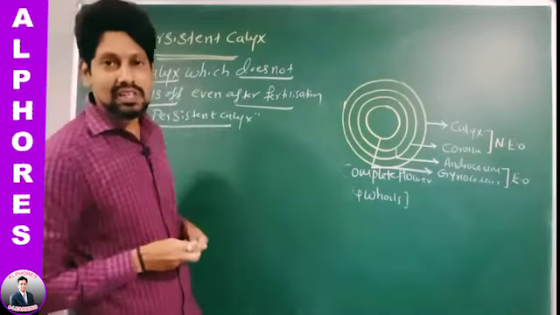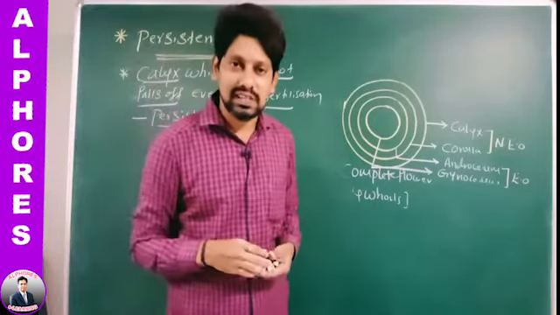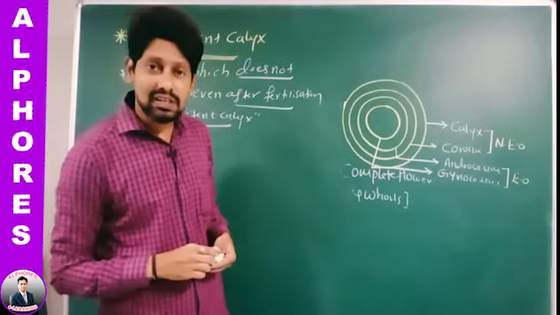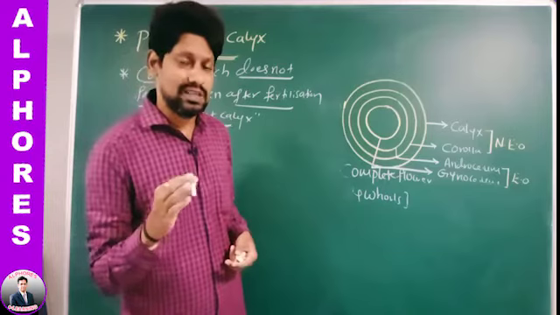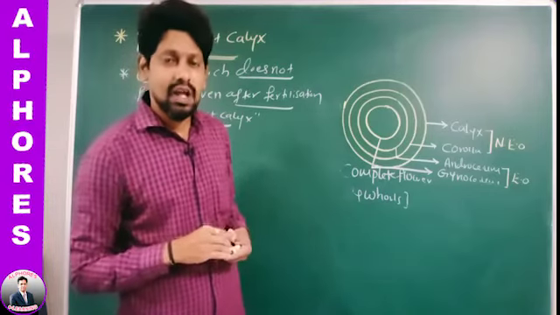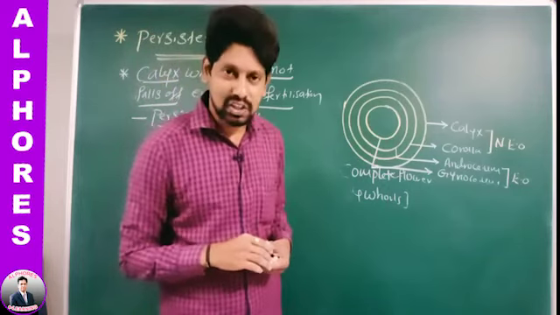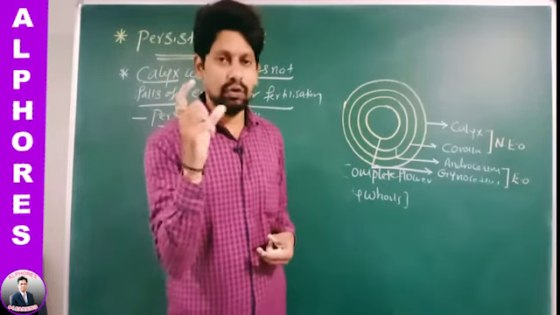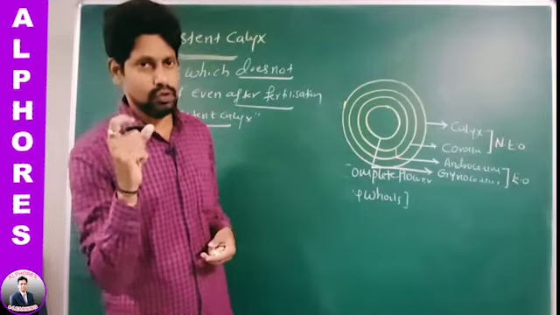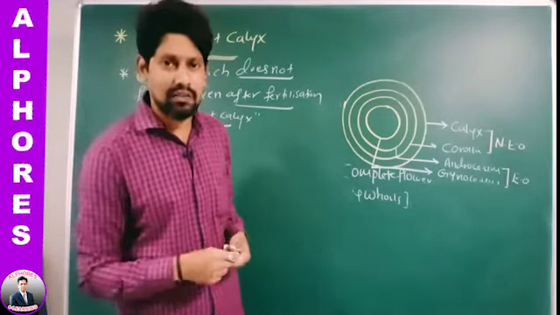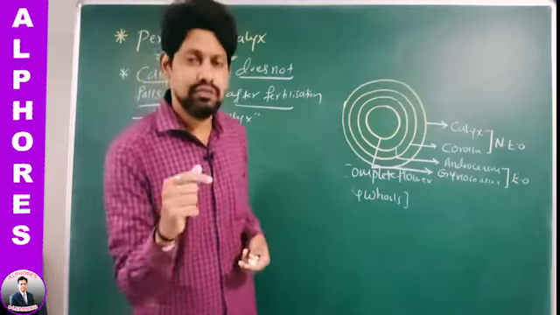Sir, this persistent calyx is associated with a true fruit. Persistent calyx is associated with what, sir? True fruit. Why, sir? Because after fertilization, the ovary develops into a true fruit. If the calyx won't fall off, it should be along with what, sir? Fruit.